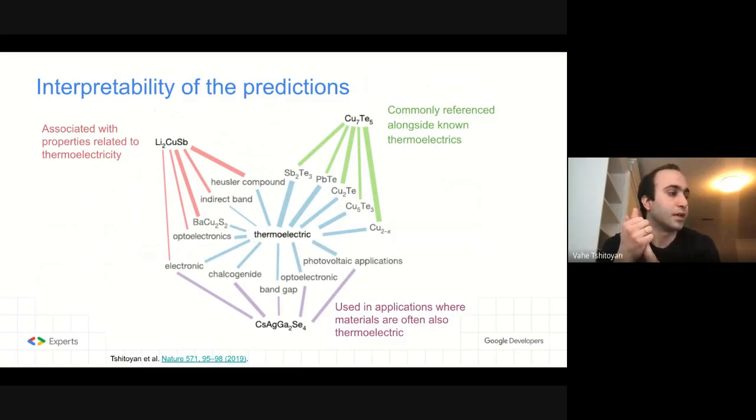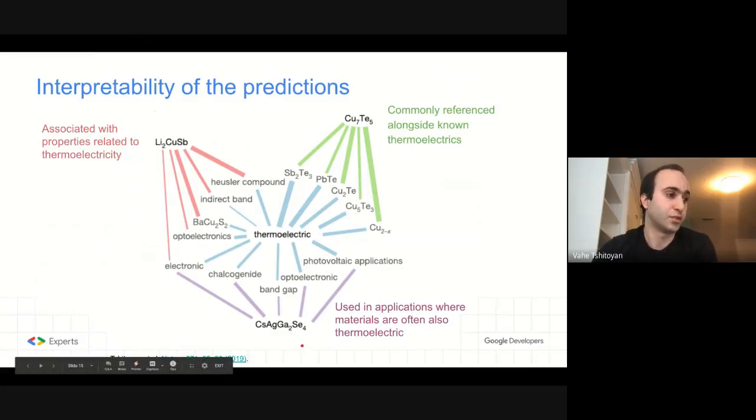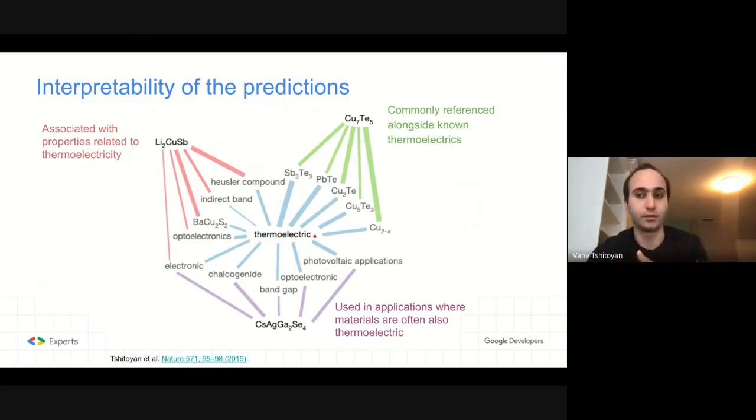So one thing we tried here was to interpret these predictions by treating words as nodes in a graph, and then the connections or the edges of the graph would be the similarity between the 2 words. So then you can see these 3 materials are from the top 5 predictions, and they're never mentioned with the word thermoelectric, but they still have high likelihood to be mentioned with this word, according to the model.